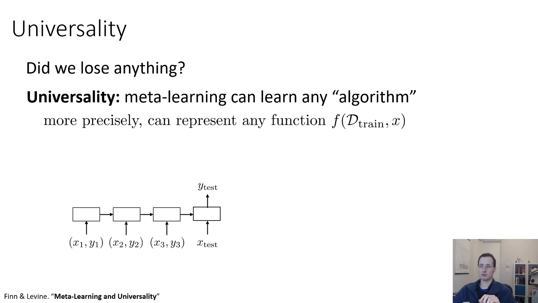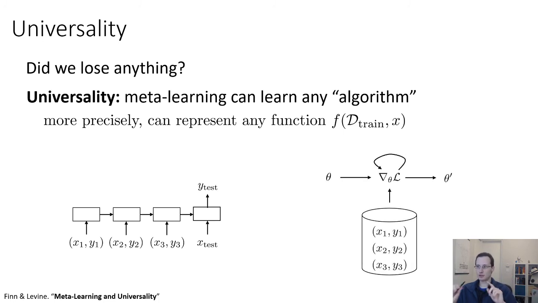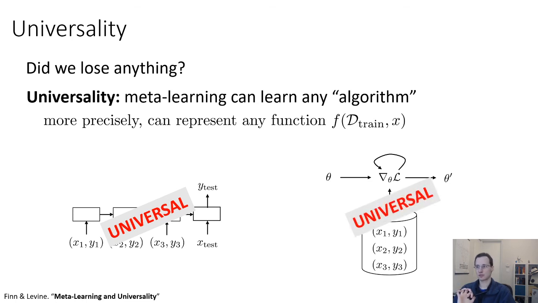The black box meta-learning methods are universal in the sense that if you have very, very large RNNs, in principle they can represent any function. It is not at all obvious that MAML, model-agnostic meta-learning, or gradient-based meta-learning, is in fact universal, because it's constrained to use gradient descent to adapt to a new task. But it actually turns out that both the black box meta-learning method and the gradient descent method are universal, which is a somewhat surprising fact, but it's actually true.